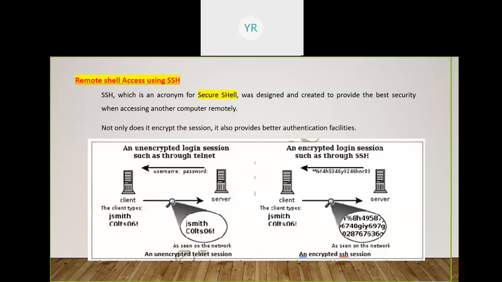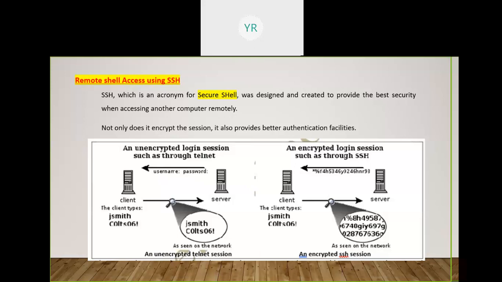If you see this diagram, it shows a client and server. Suppose you access through telnet, it is unencrypted data. If you send data from server to client or client to server, the data will be in plain text, plain simple binary format. So there is no encryption, no protection for the data.